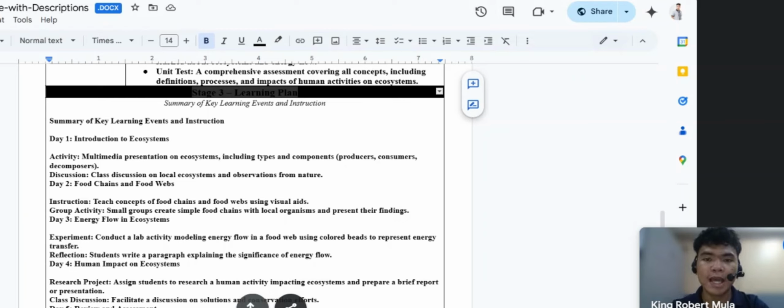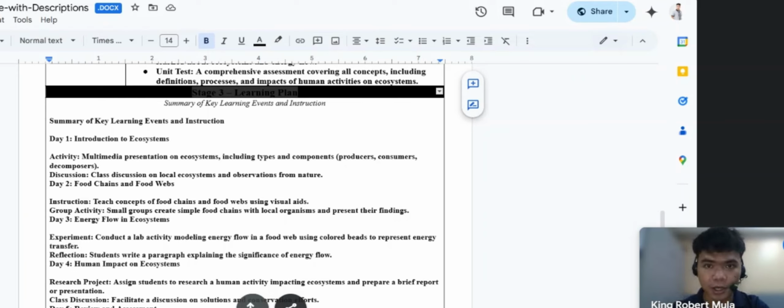Next is the emphasis on energy flow, where we integrate lab activities. Then day 4 dives into human impacts on the ecosystem, encouraging research. Day 5 wraps up the unit with a review session and assessment, ensuring students have the opportunity to consolidate their learning before demonstrating their understanding.